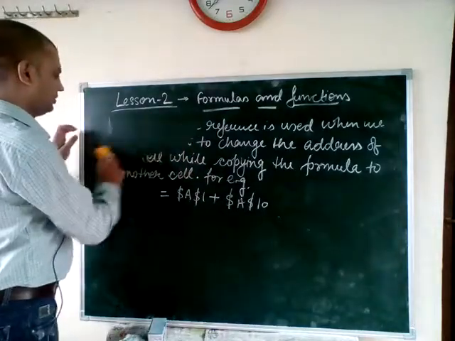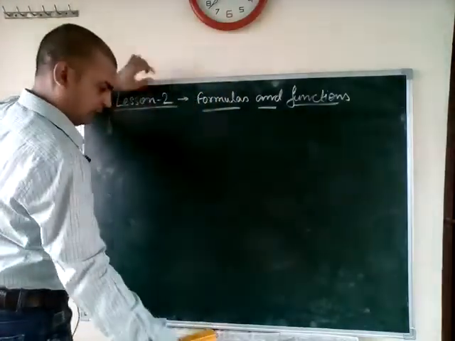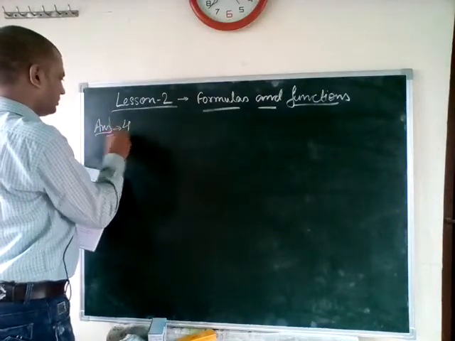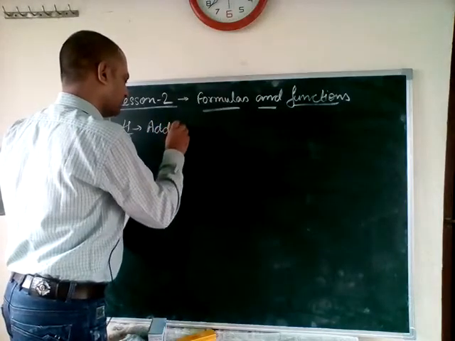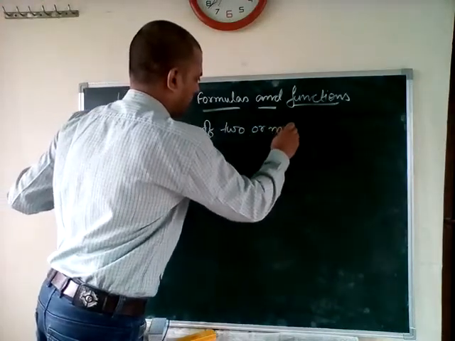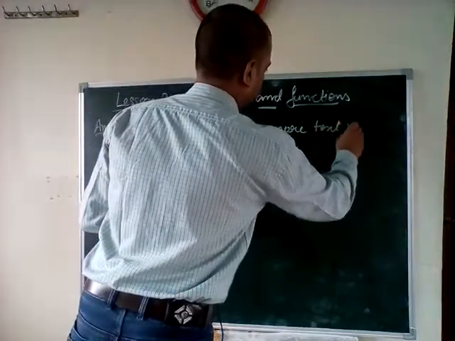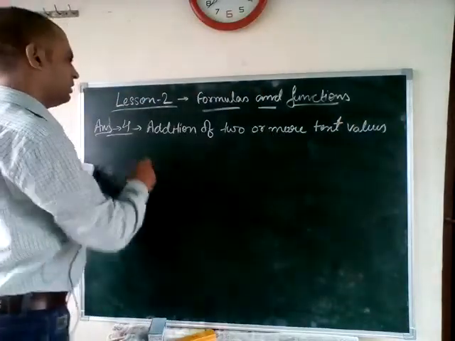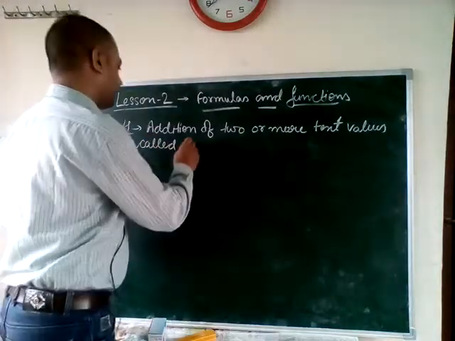So addition of two or more text values is called concatenation.